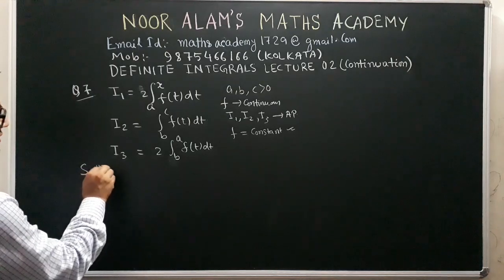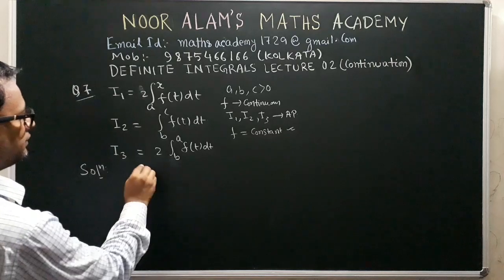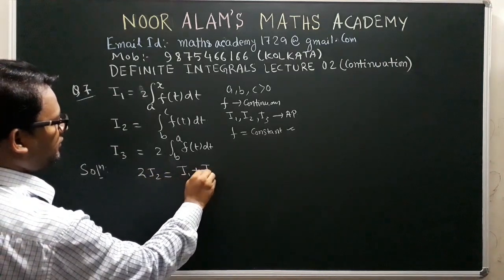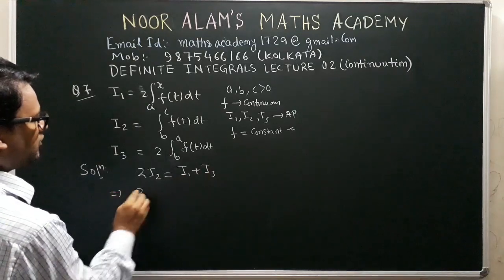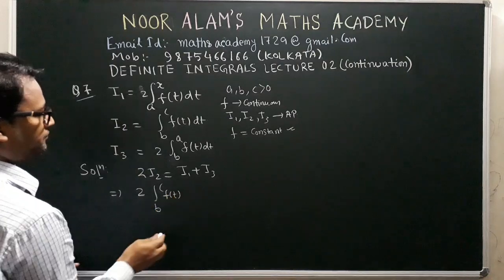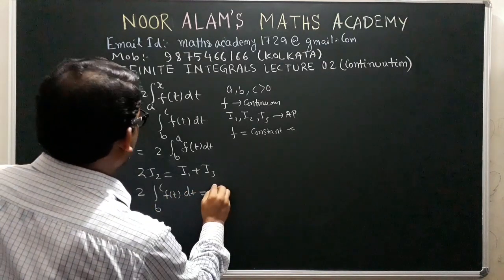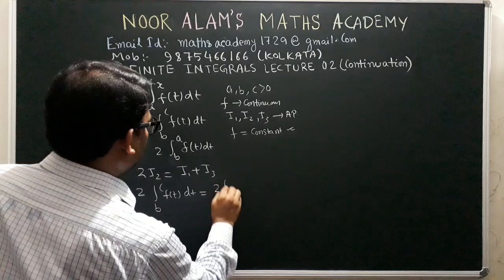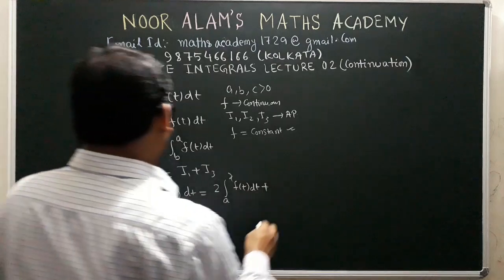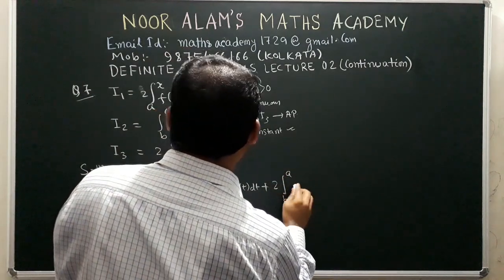Now in the solution, since I1, I2, I3 are in AP, we can write 2 times I2 is equal to I1 plus I3. Now 2 times I2 is the integral from b to c of f(t) dt, equal to I1, 2 times the integral from a to x of f(t) dt, plus I3, 2 times the integral from b to a of f(t) dt.